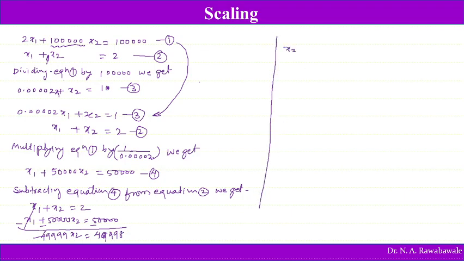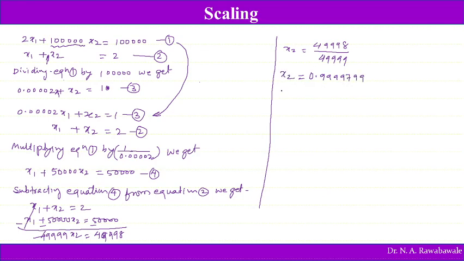So x2 is equal to 49,998 divided by 49,999. So this is 0.9999799. So this is x2.